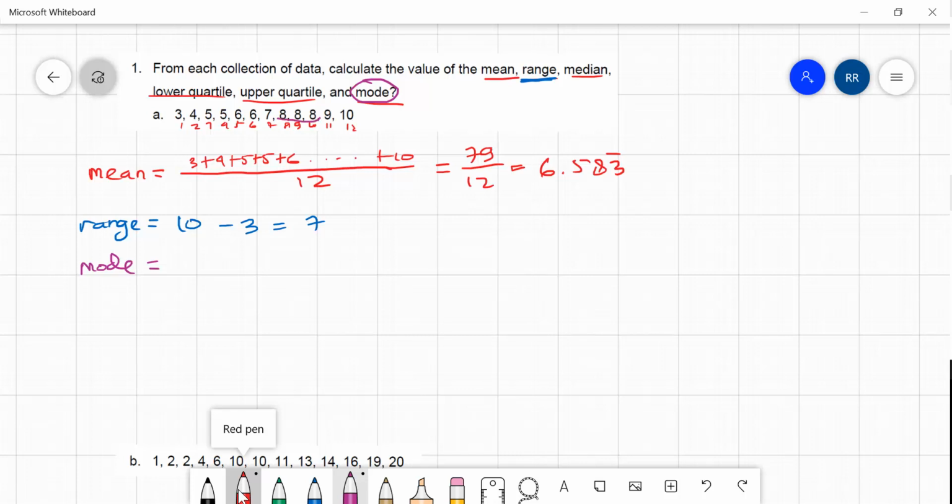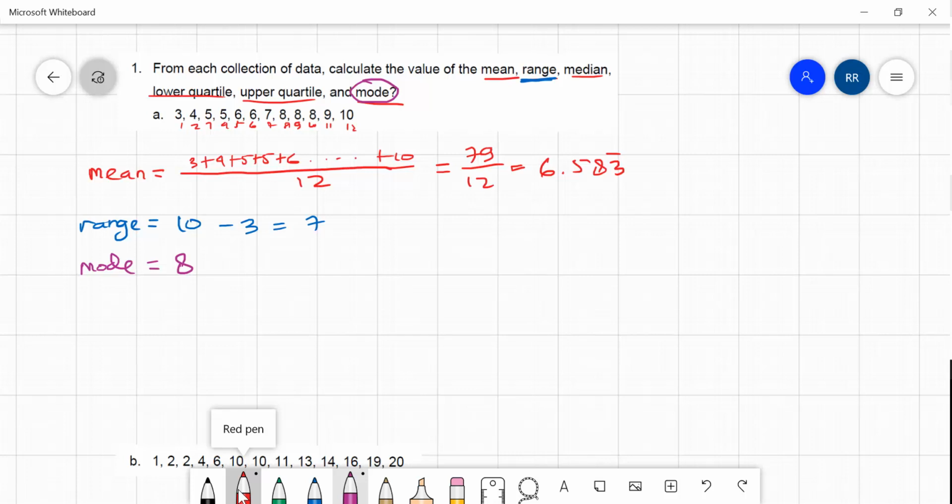This 8 has the highest frequency because it comes up 3 times, while the others come up less than 3 times, only 1 or 2 times. So the mode is just 8. It's quite easy. Okay, now let's go to median, lower quartile, and upper quartile.